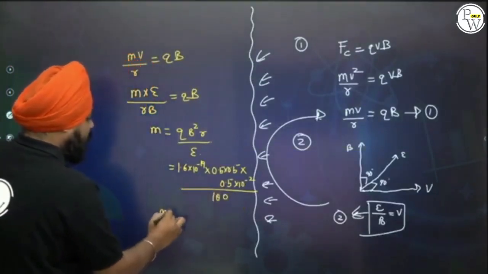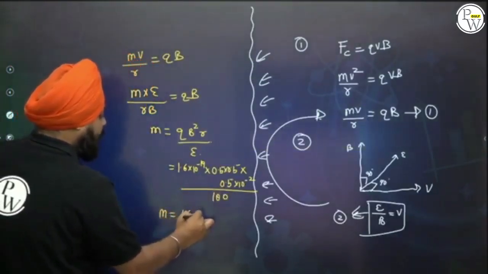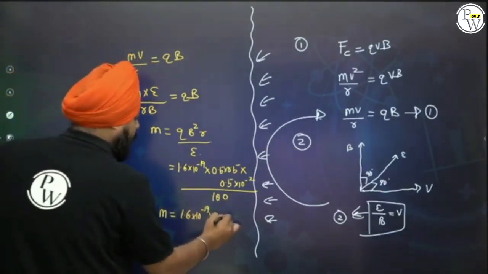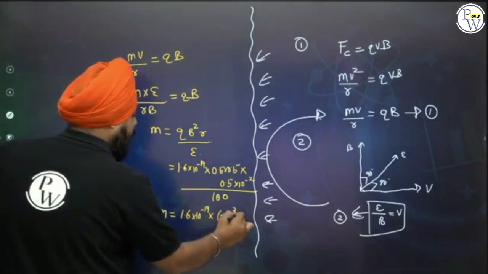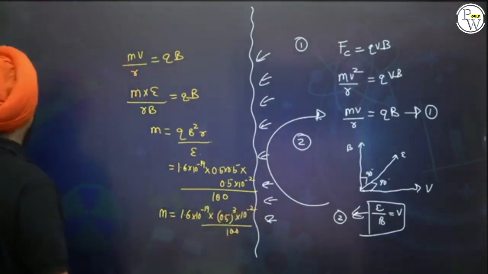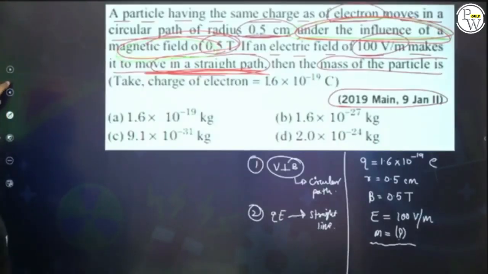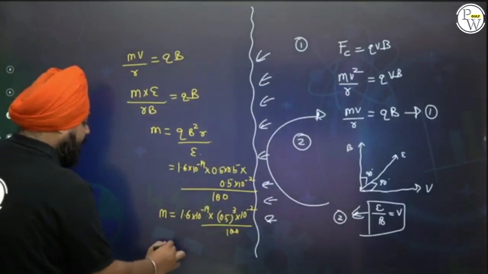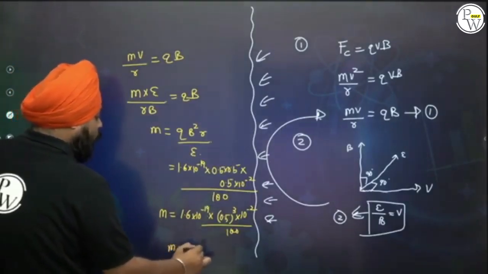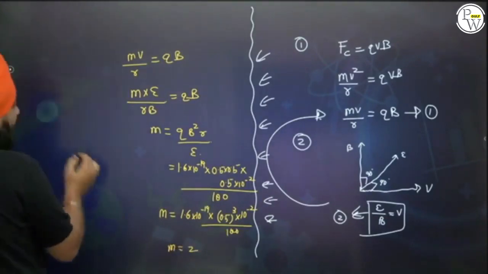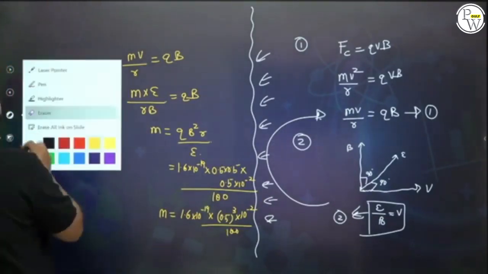So here the mass is 1.6 into 10 to the power minus 19, into 0.5 cube into 10 to the power minus 2, whole divided by 100. So the mass is approximately 1.6, nearby 2. Let's evaluate it separately.